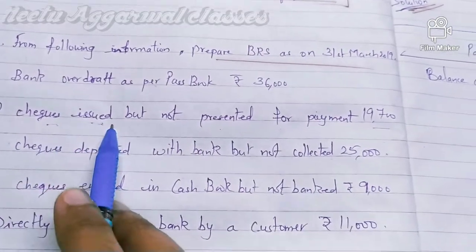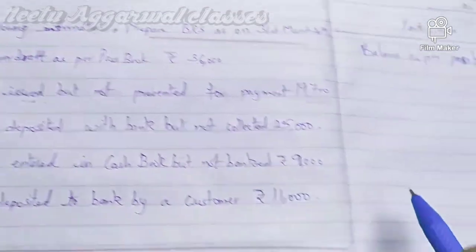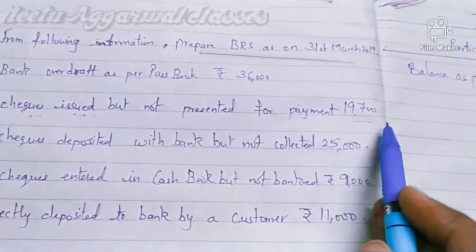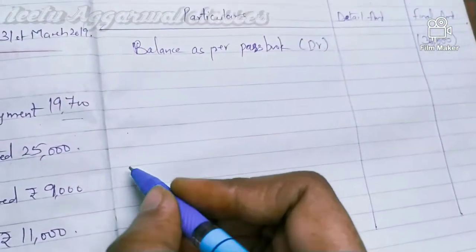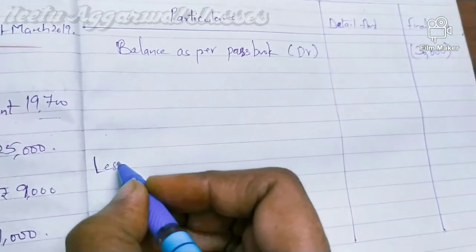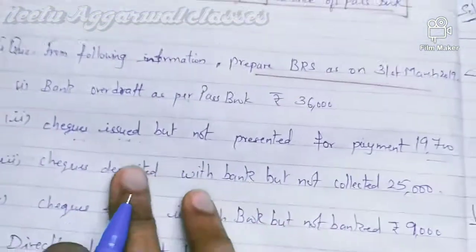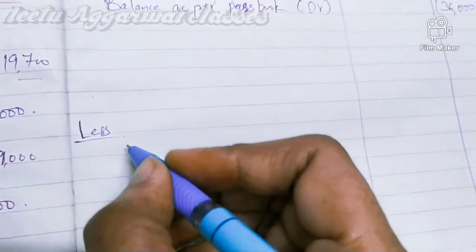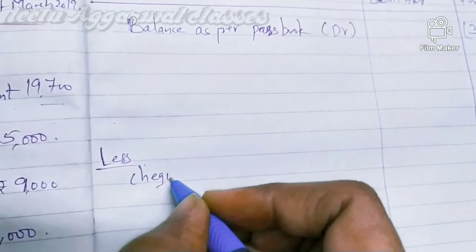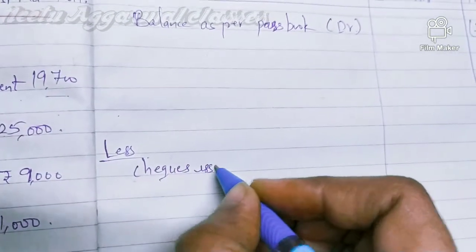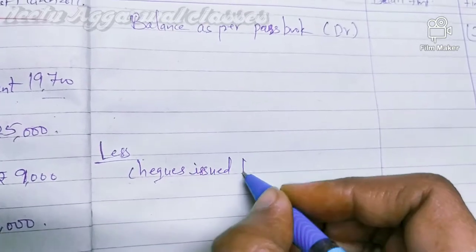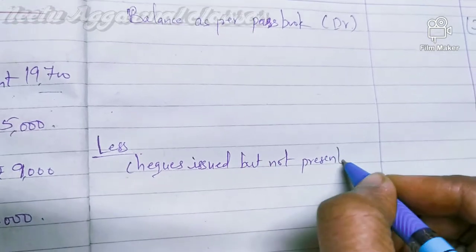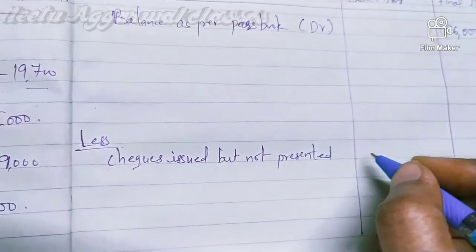So we will less this amount. Less: checks issued but not presented.